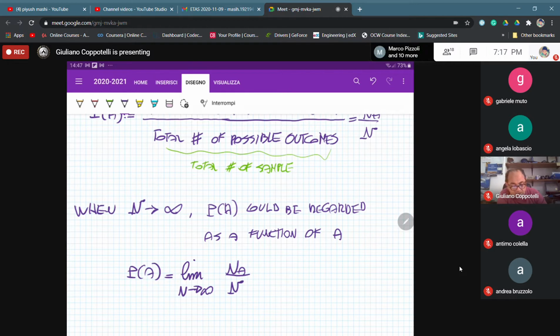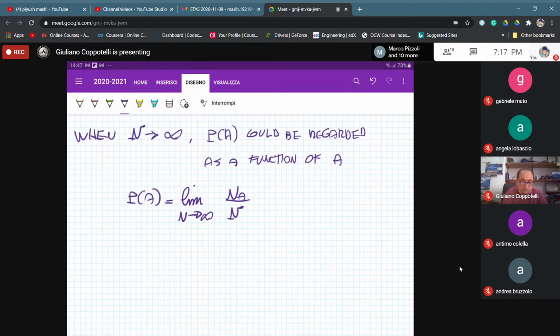Just to focus on this, let's assume that we are having a specific test. Here we have a plot in which we have the number of samples, and the number of samples that are in favor of some events.